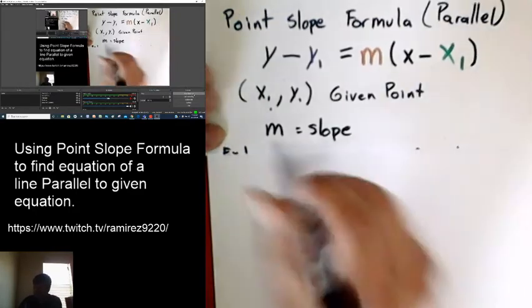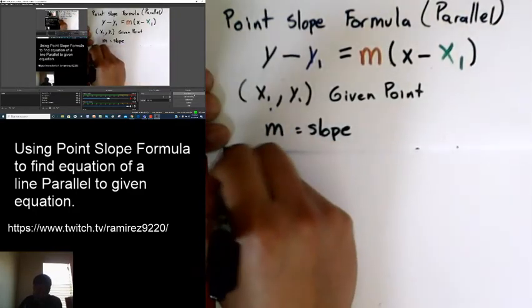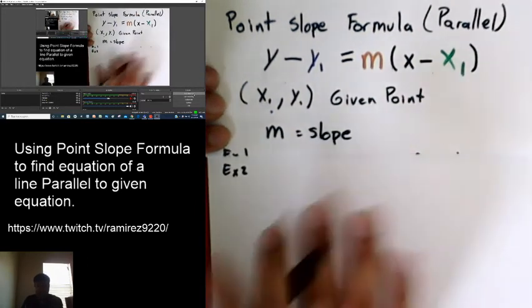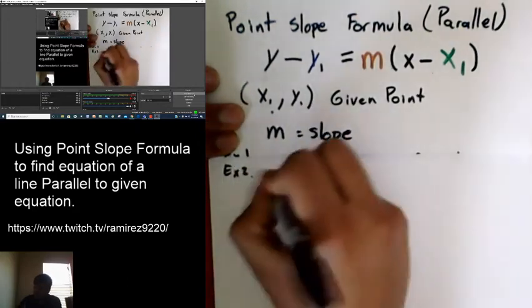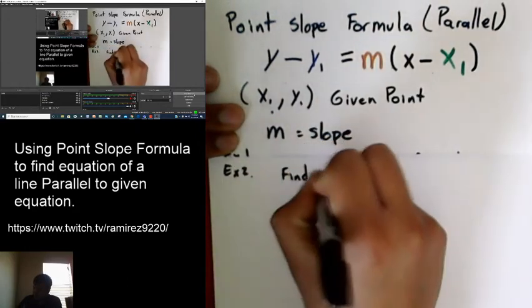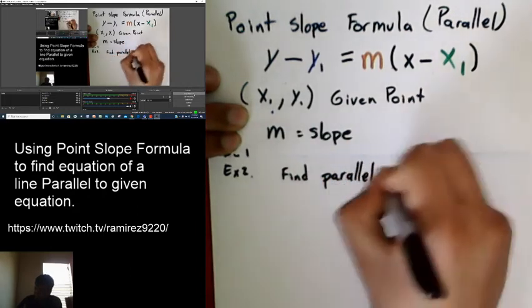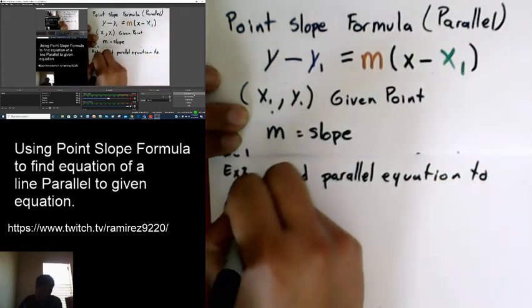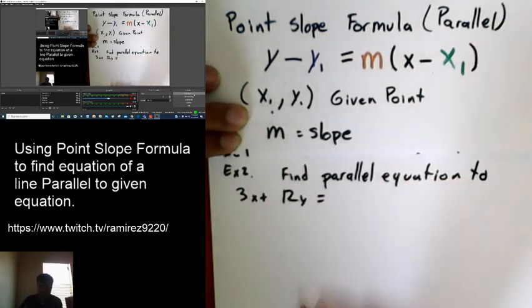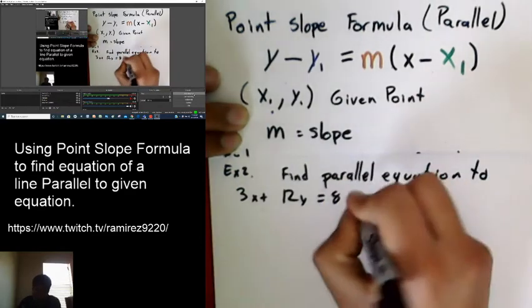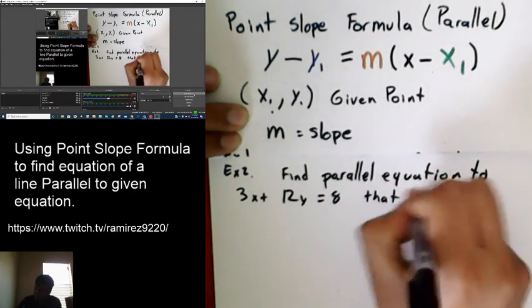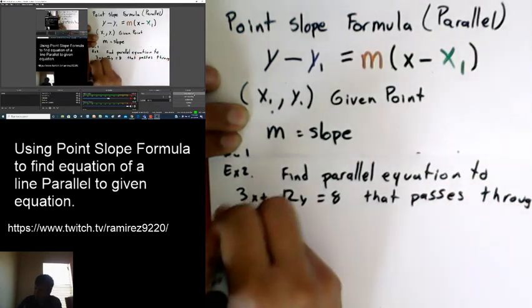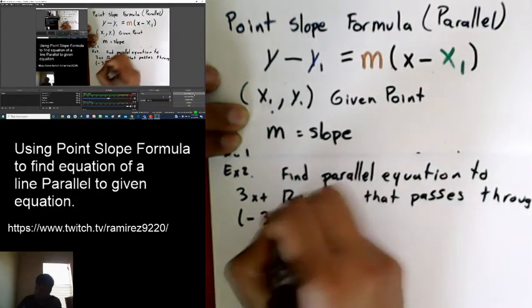So let's say the example now was, again, find the parallel equation to 3x plus 12y is equal to 8 that passes through negative 3 and 4.